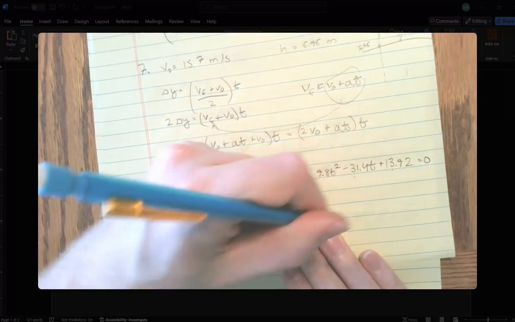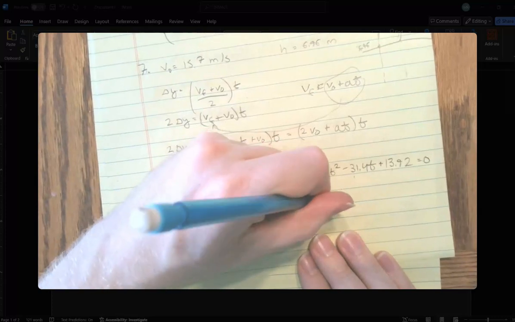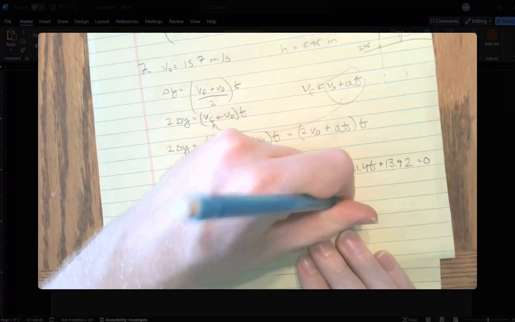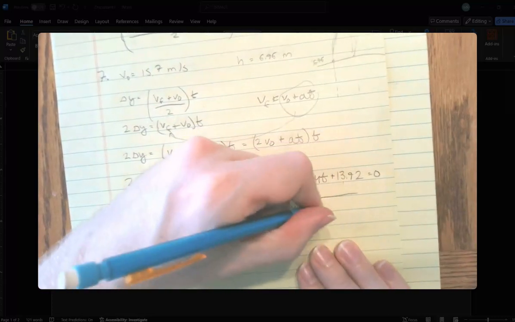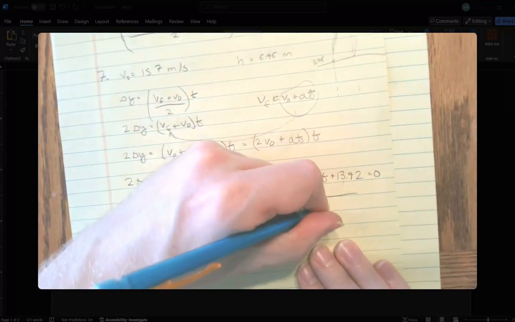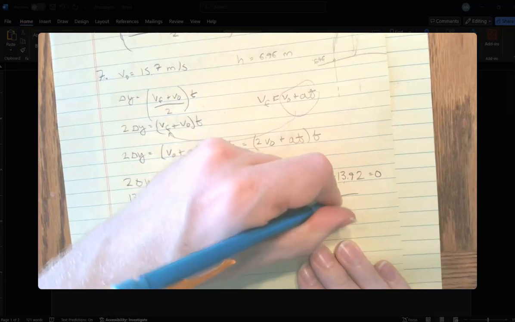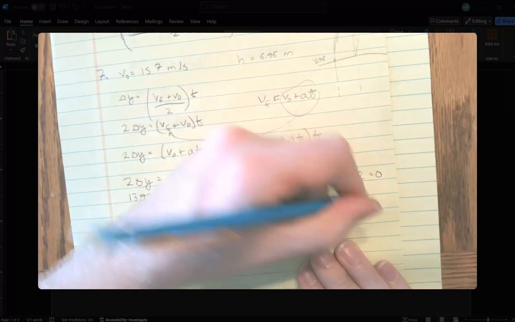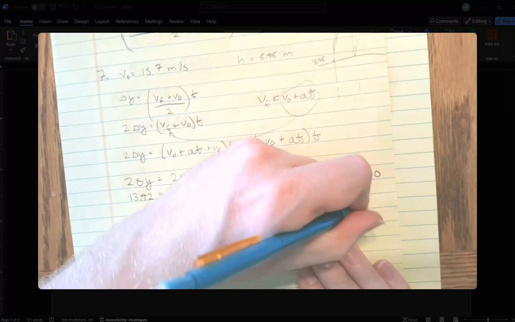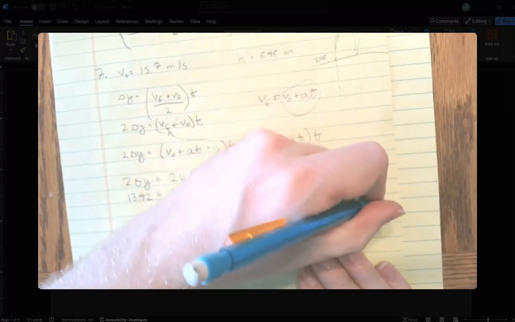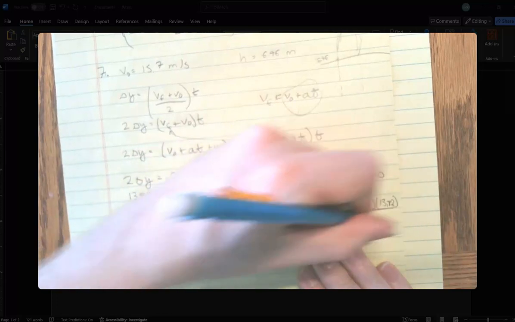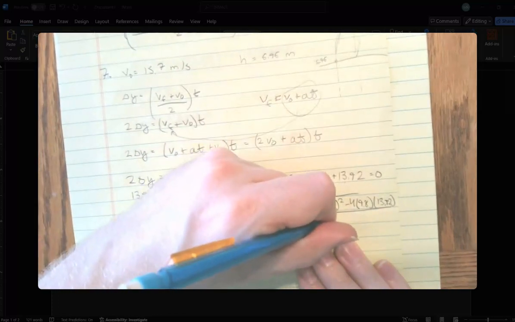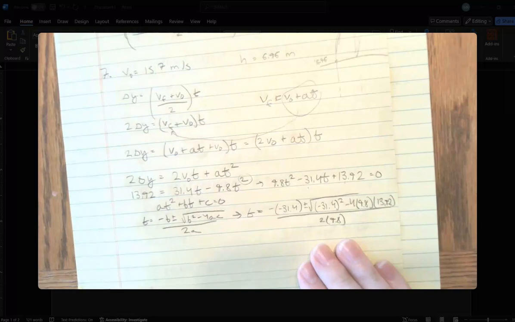So t equals negative negative 31.4 plus or minus the square root of negative 31.4 squared minus 4 times 9.8 times 13.92, all over 2 times 9.8.